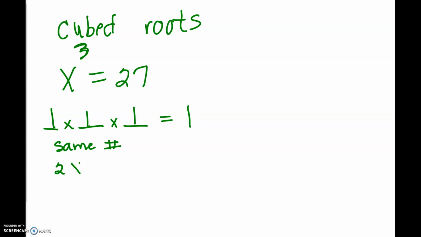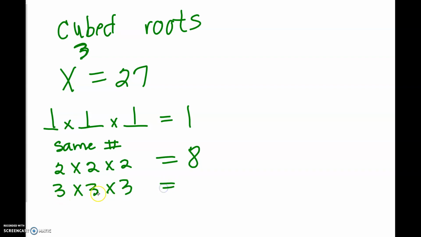If you take 2 times 2 times 2, well, 2 times 2 is 4, 4 times 2 is 8. That didn't work. So 3 times 3 times 3, well, 3 times 3 is 9, 9 times 3 is 27, and that's what we were looking for. What number times itself 3 times gives you 27? So what cubed gives you 27? The answer is x is 3.